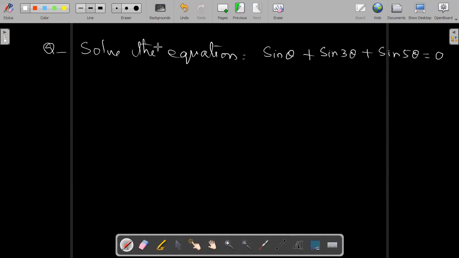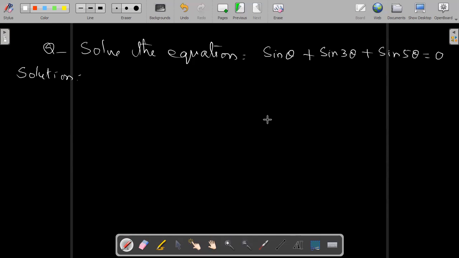Before that, we have seen only one term on the right hand side and one term on the left hand side, and we could solve it easily. Now this equation will be solved by using different formulas. Whenever we are solving any equation, as you have seen in algebra also, we have to convert it into factors, and each factor will be equated to 0 to get the value of theta.